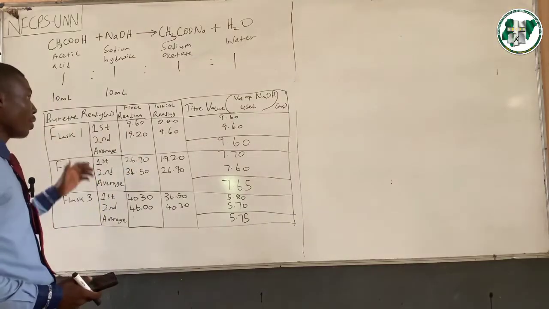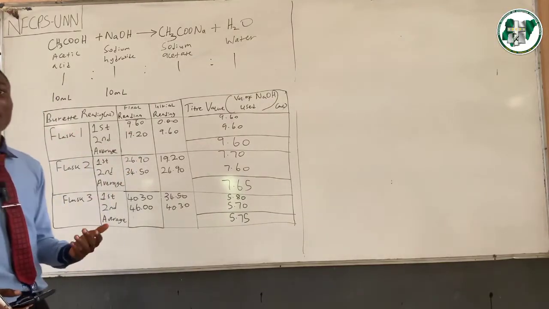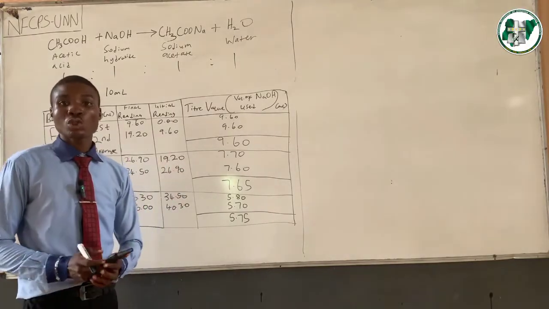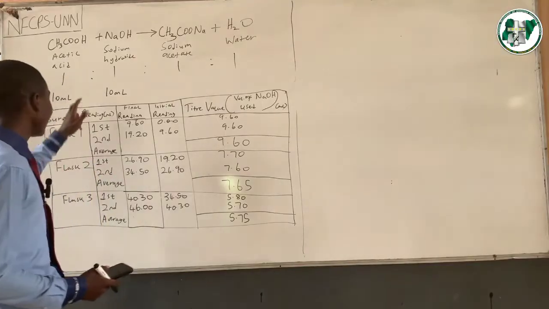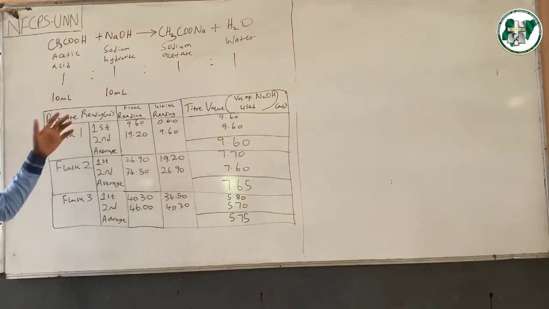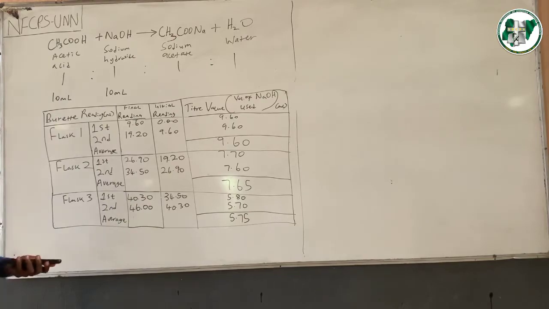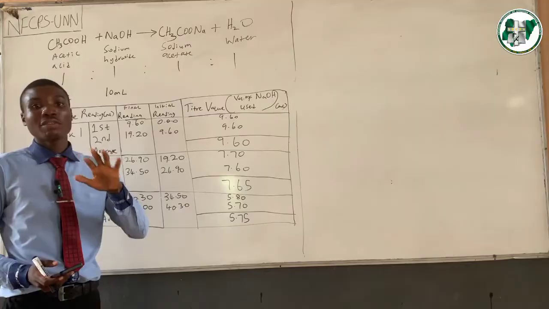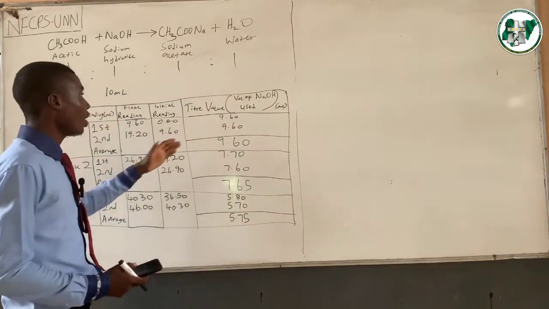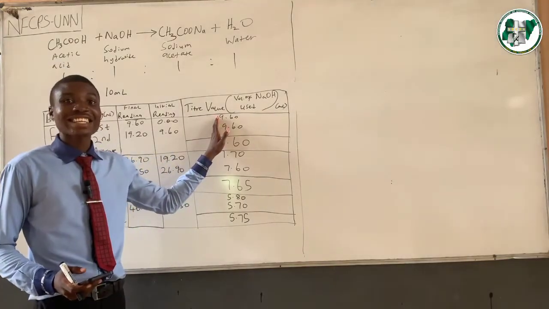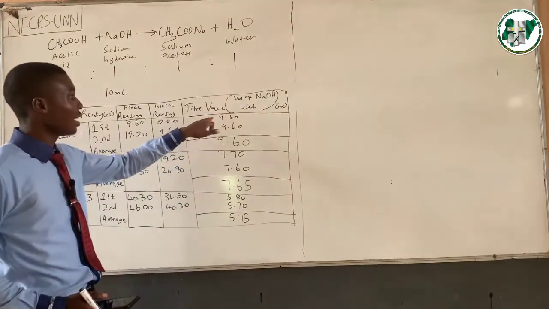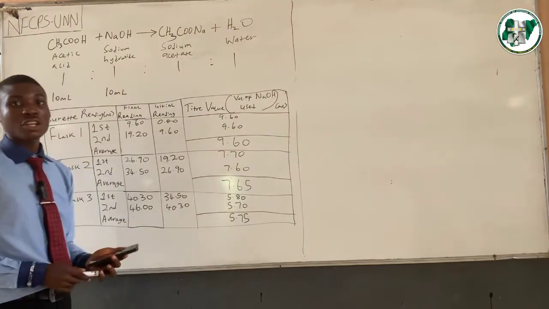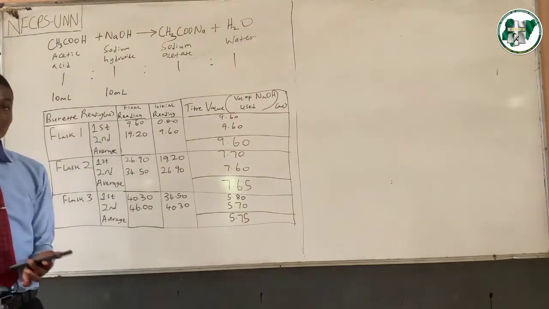Like I mentioned, for the first flask, if no adsorption had taken place, we would have needed exactly 10 ml of sodium hydroxide to neutralize 10 ml of the acetic acid, since both have a concentration of 0.5 normal. But because some adsorption had taken place, we now have a titer value that is less than 10, which is 9.60.